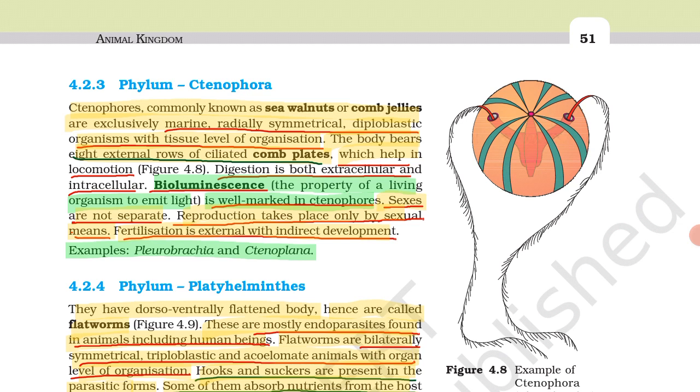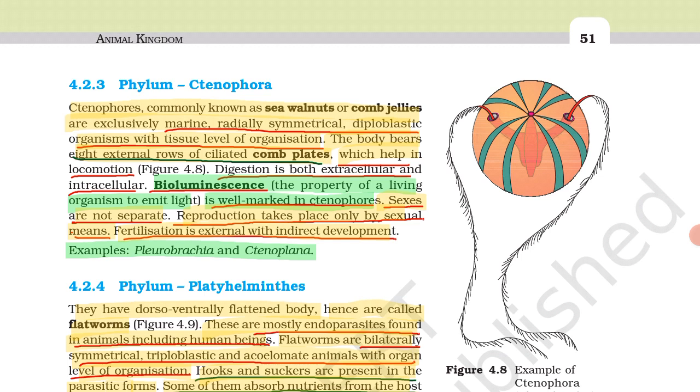So they show the bioluminescence property. Then sexes are not separate. In sponges, phylum Porifera, we have seen sexes were not separate, and there is a proper terminology for this. Organisms which do not have separate sexes are called hermaphrodite. Hermaphrodite means both the sex organs, male and female, are present in a single individual, and this single individual gives eggs and sperms.